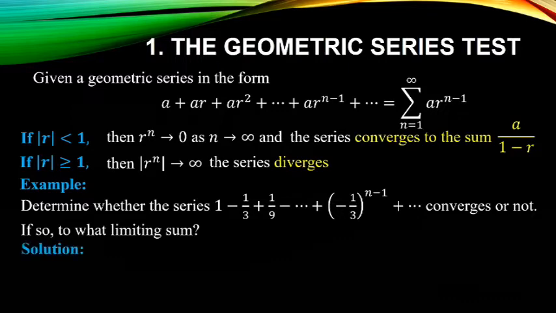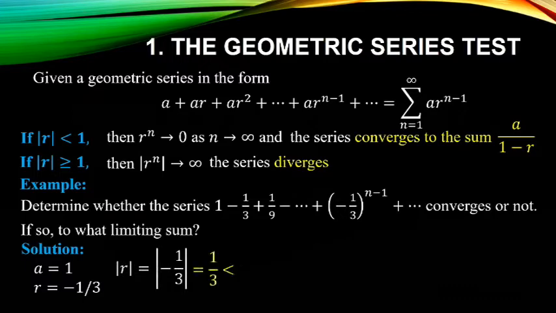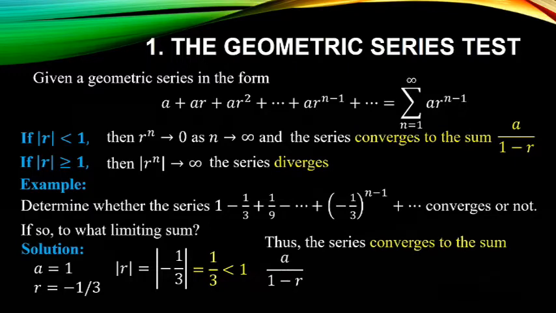As a solution, first we identify a, which is equal to 1, the initial term, and the common ratio r, which is equal to negative 1/3. Since the absolute value of r, the absolute value of negative 1/3, is positive 1/3, which is less than 1, the series converges to a sum, and it is a over 1 minus r.